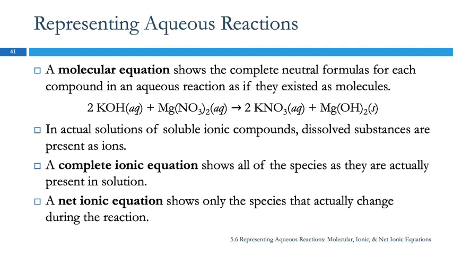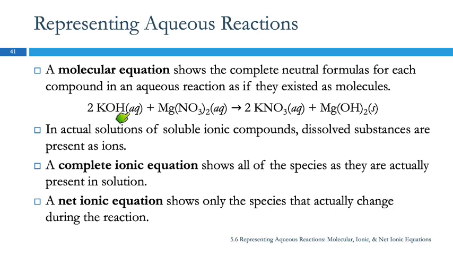And as we discussed earlier in this chapter, when an ionic compound dissolves in water, when it's in aqueous solution, those ions separate from each other and they're not next to each other anymore. So this doesn't really represent what's going on in the solution. So what we call a complete ionic equation is going to show all of the species as they actually are present in the solution.